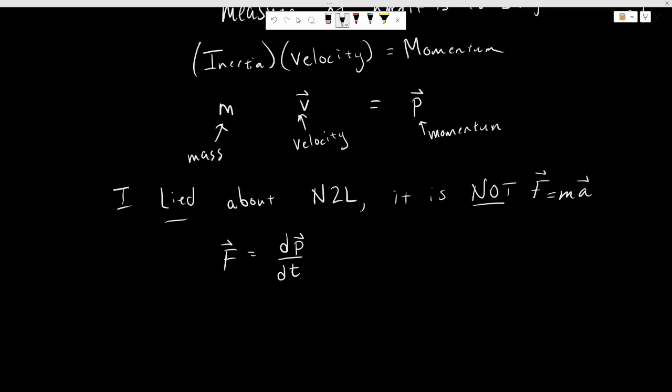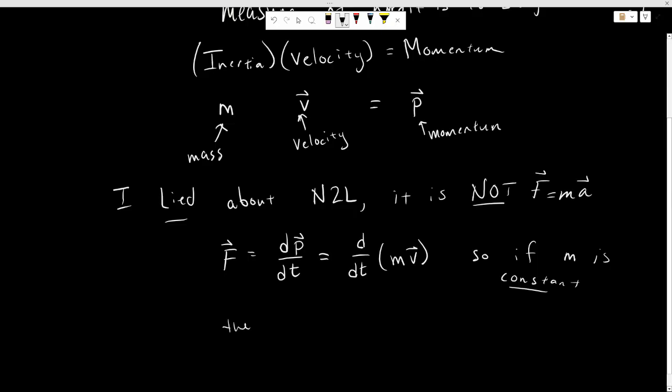And if we look at this, it's d/dt of mv. So if m is constant, then F equals m dv/dt, which is ma.